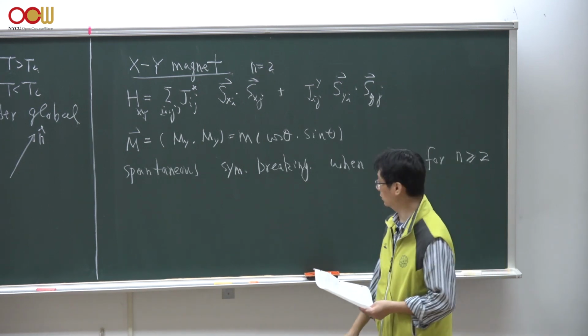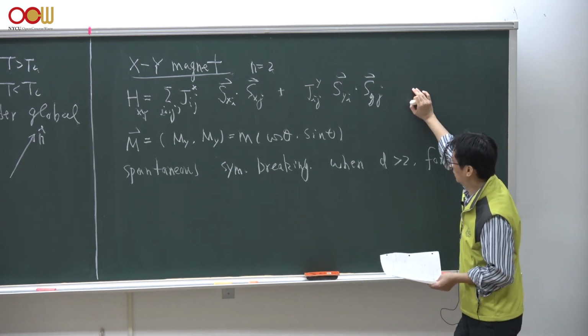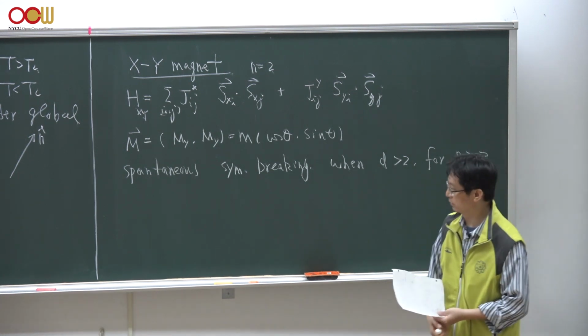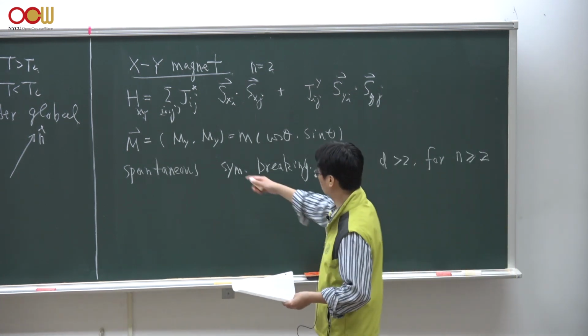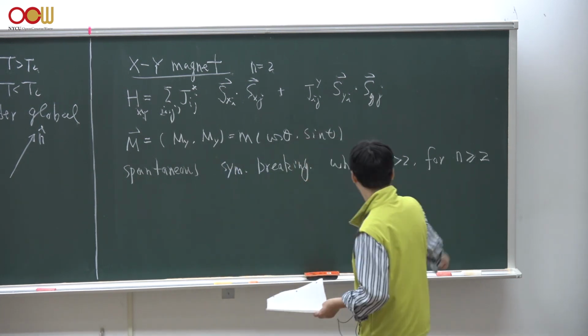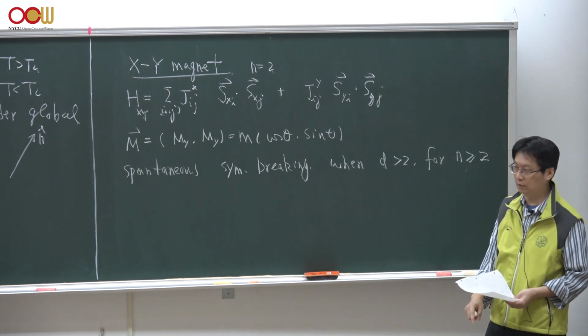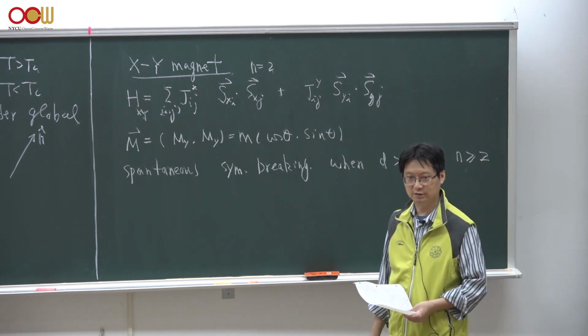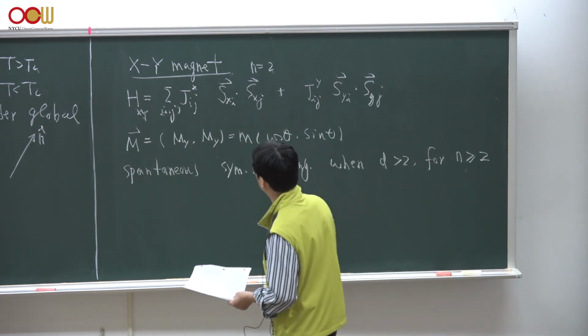So the dimensionality is somewhat different from the component of the spin. n refers to spin component. Suppose the magnetization vector has only two components lying in the xy plane, then n is equal to 2. But still, the lattice is three-dimensional.